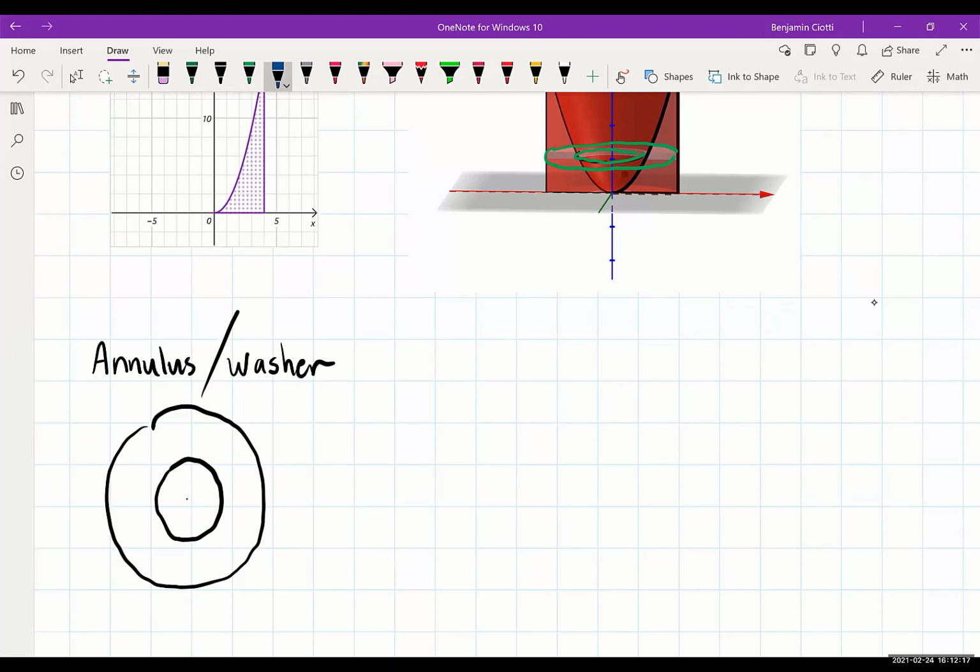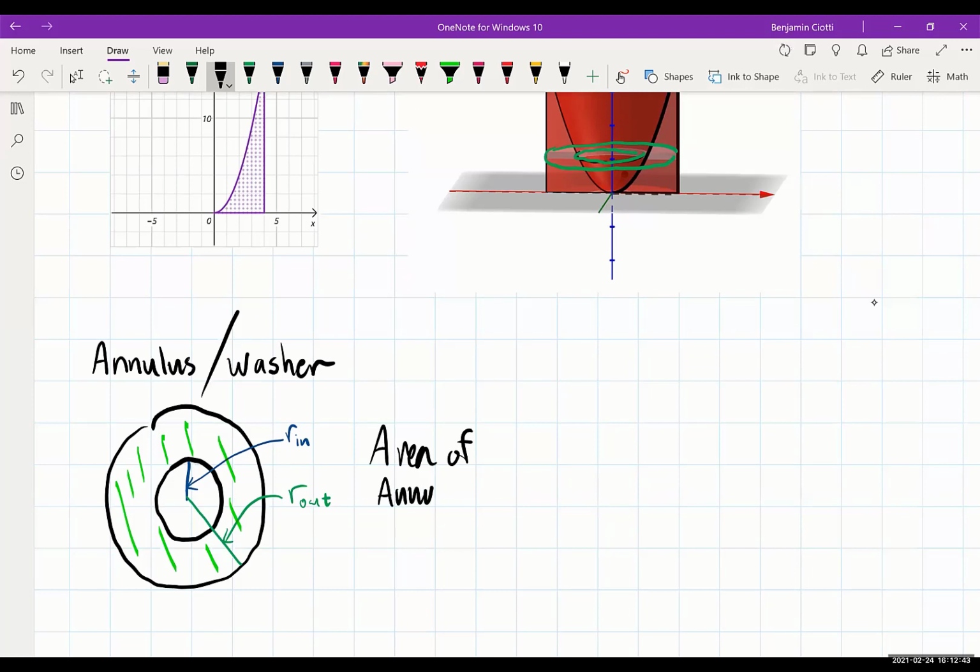And if the smaller circle has radius, let's say r in for inner, and the larger circle has radius r out for outer, then we can find the area.